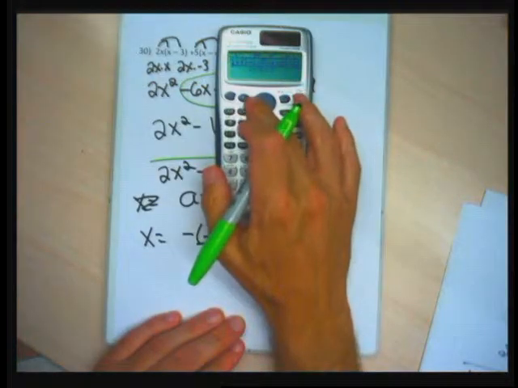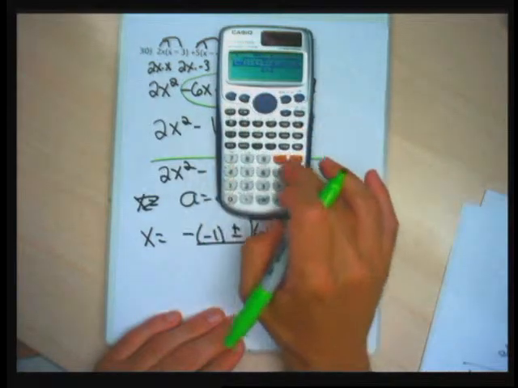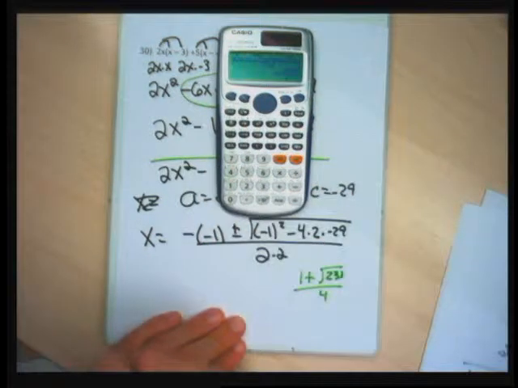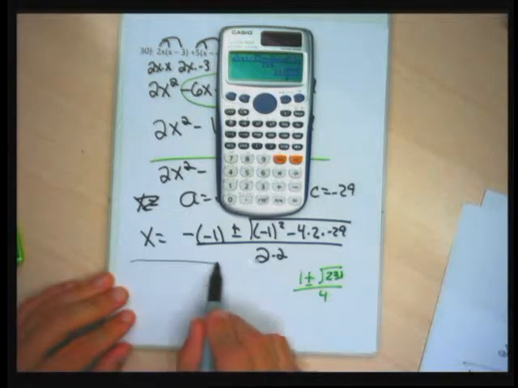Backtrack, change that plus to a minus, and I get 1 minus the square root of 233 over 4. I really don't want to check this, but I'm gonna.